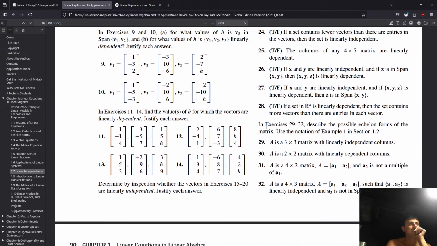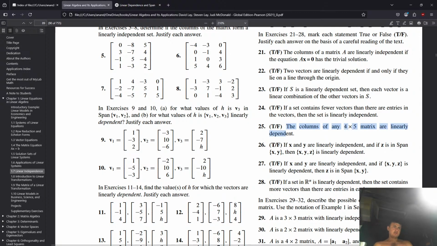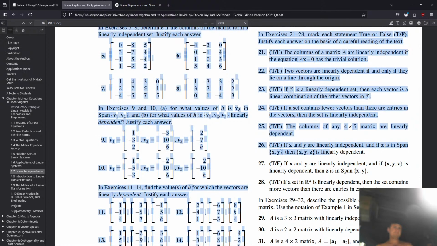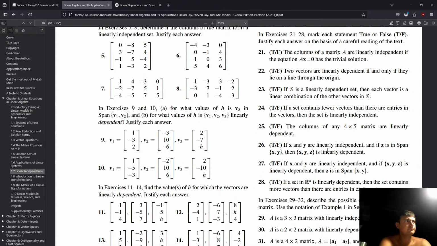Okay. All right. So 26: if x and y are linearly independent, and z is in the span, yeah, so that's true.